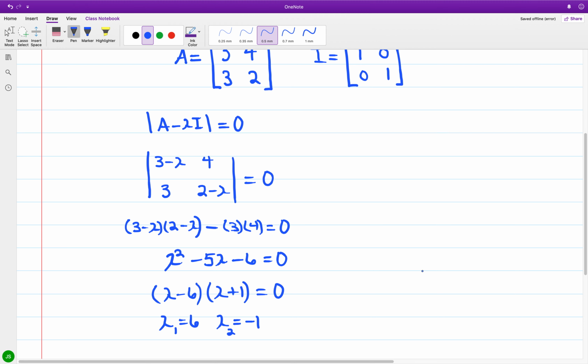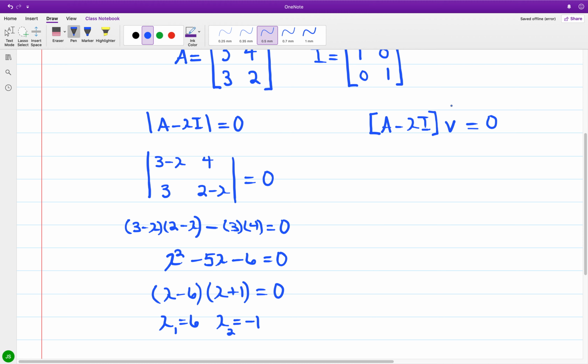Now, in the crossover to determining the eigenvectors, we have the matrix A minus lambda I times the eigenvector equal to 0.